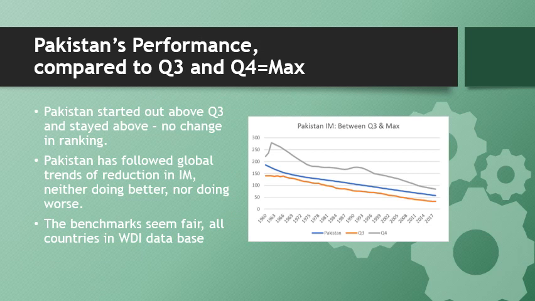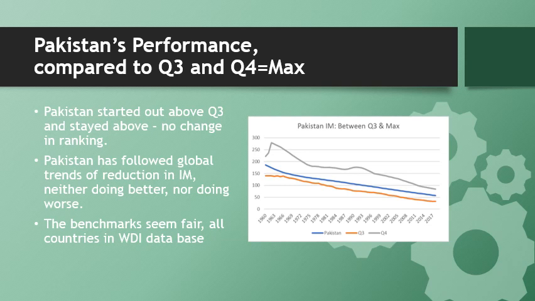Here we look at Pakistan's performance using the methods of last lecture, and that is Pakistan's infant mortality curve matched to the third percentile, which is the 75th percentile, and it follows more or less parallel to that. The top curve is the maximum.